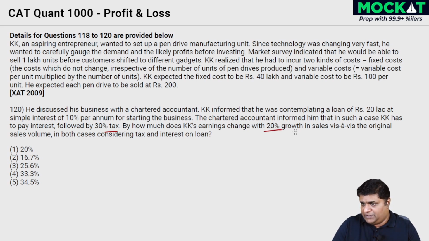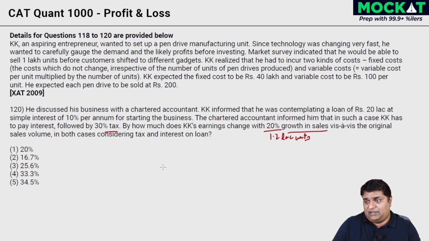With a 20% growth in sales, compared to the original sales volume, which was just 1 lakh units, the second scenario has 1.2 lakh units, right, because there's a 20% growth in sales. Fine. In both cases, we have tax, interest and the loan.